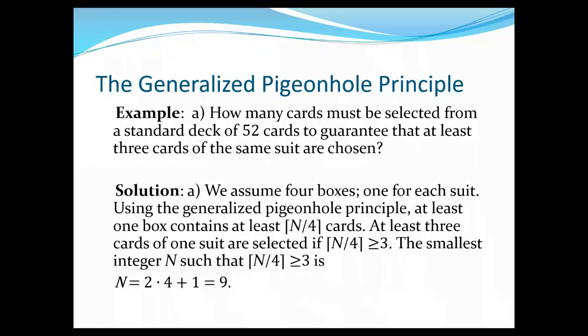Just to visualize, the worst case scenario is 2 clubs, 2 spades, 2 hearts, and 2 diamonds. So in total, we have 8 cards.